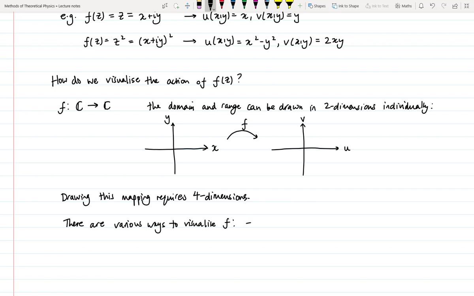So one way is to use color for phase and height for modulus, real, or imaginary.